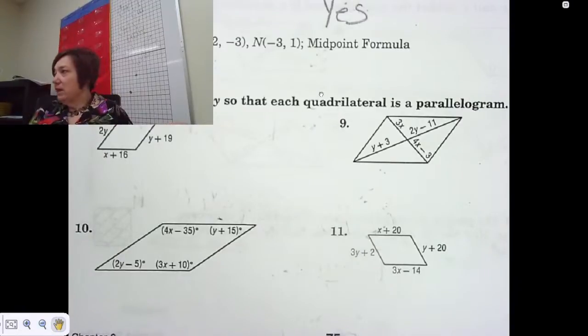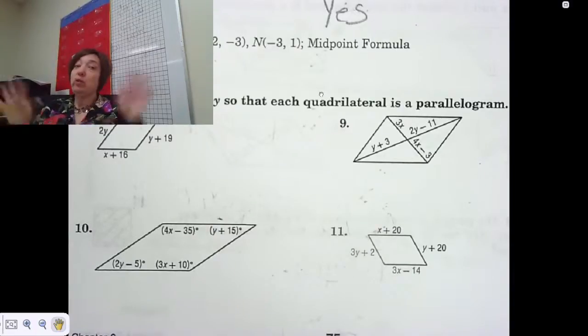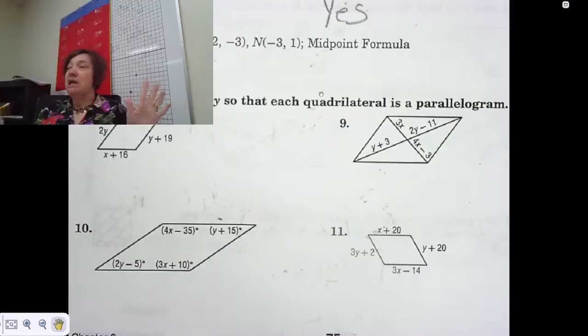It's just given to you in a different format, where before they were saying, I know these are parallelograms, just tell me what X and Y are. And today they're saying, we've got these shapes and we just want to know what X and Y would have to be for these to be parallelograms. We're not saying that they are parallelograms, but we want to know what X and Y would be if they were parallelograms. Do y'all see the difference?